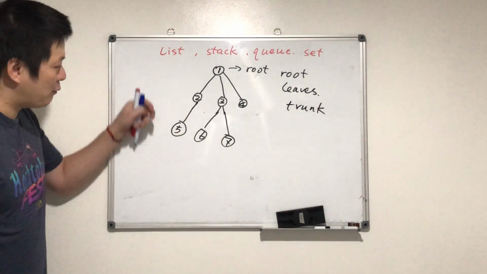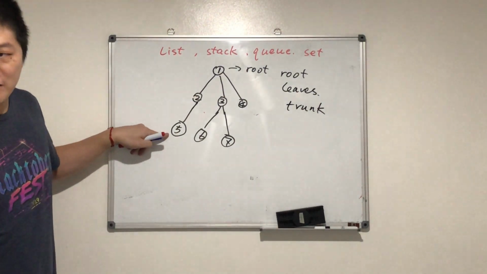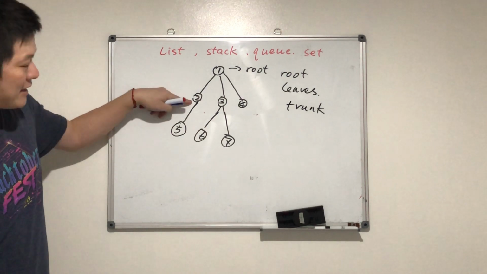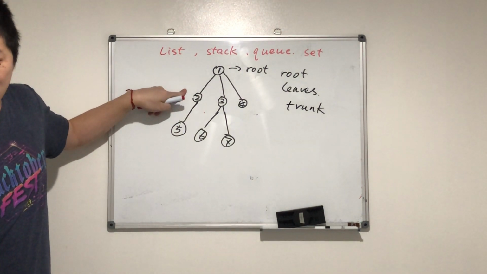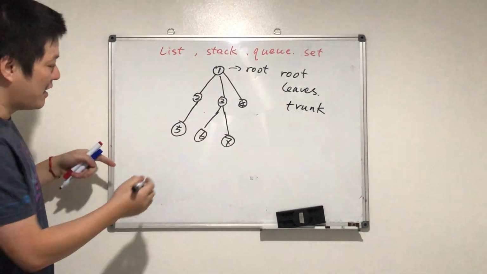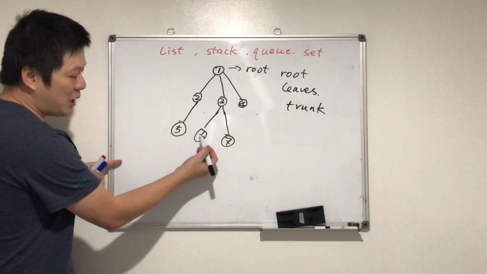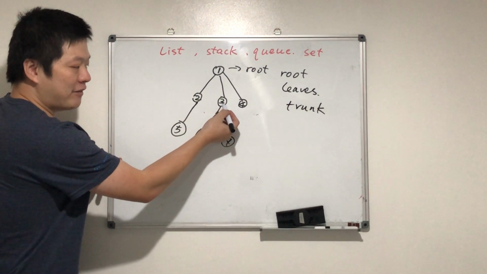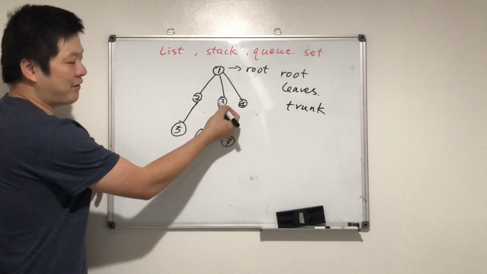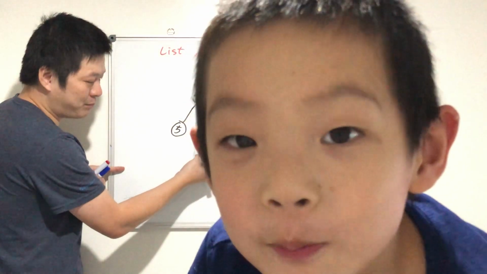So 2 is 5's parent. That's his parent and that's his kid. 5 is the kid of 2, 6 and 7 are kids of 3. 3 is the parent of both 6 and 7.